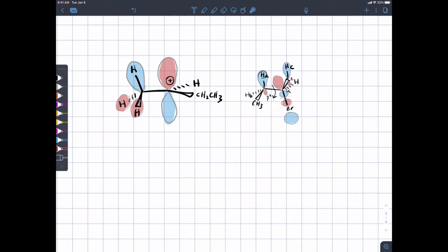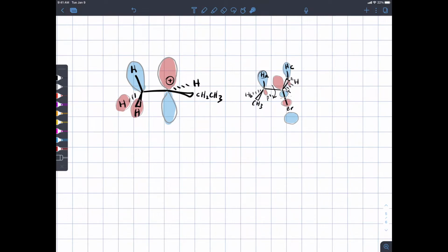For the alkyl halide, we saw that there's no LUMO on the other beta proton. That's because the sigma star has bias and directionality. The part of the sigma star that's most important is projected back behind the C-Br bond.